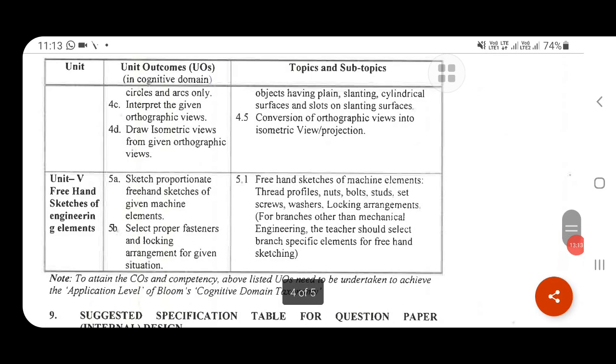So next is unit 5, freehand sketches. Freehand sketches of machine elements like thread profile, nut, bolt, set screw, washer, locking arrangement. So these are the freehand sketches.